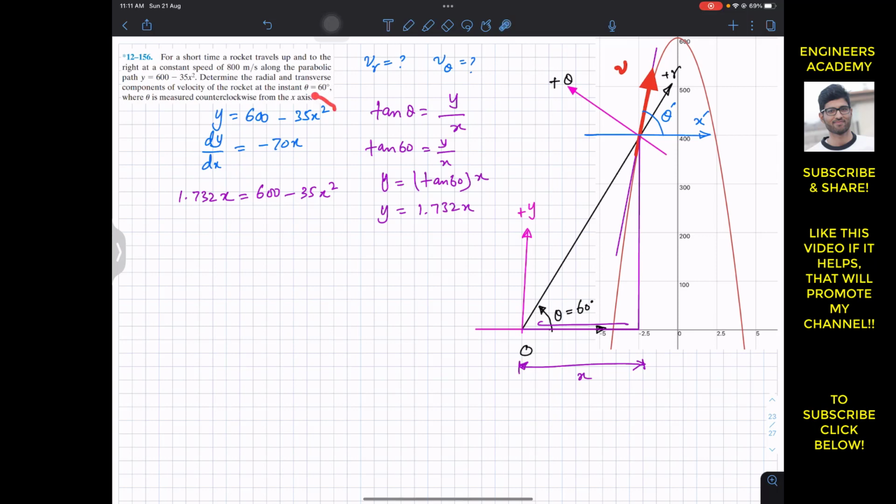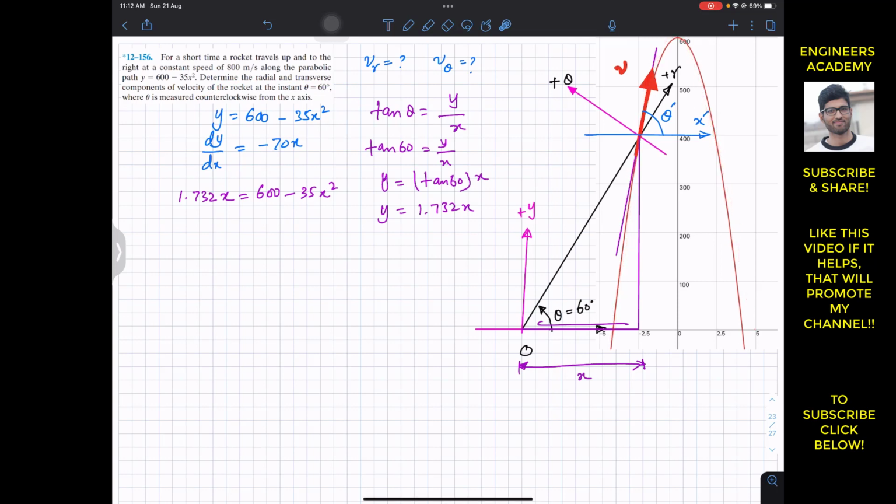Remember that this equation and this equation are different equations. For this equation, the origin is somewhere else. For this equation, the origin is somewhere here. And this equation tells us the path of the rocket along which it is moving.